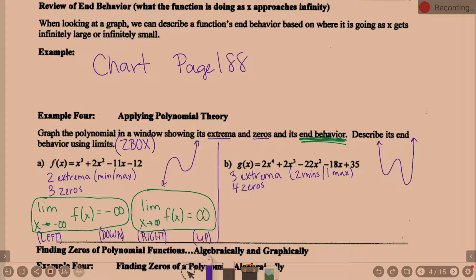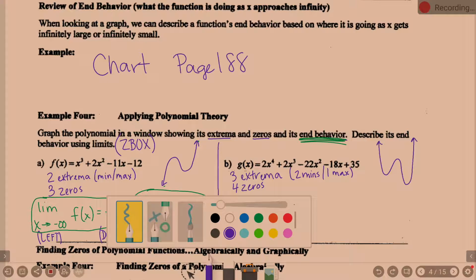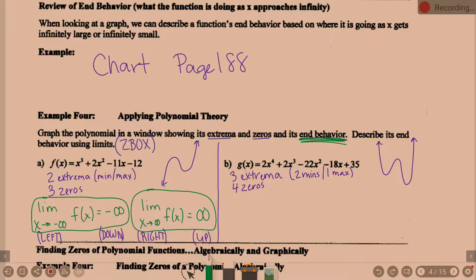Now, for limit notation, I'm going to write out the same 2 starts to the limits. So practice writing those out. We're going to do the limit as x approaches negative infinity of f of x, and the limit as x approaches positive infinity of f of x. So what's that first one asking? The limit as x approaches negative infinity.